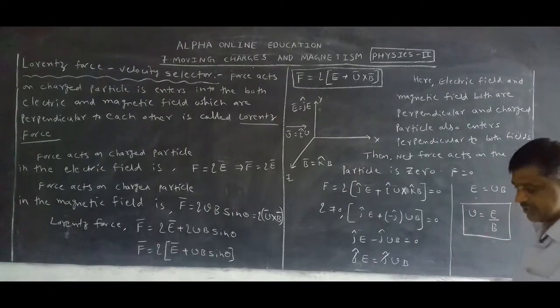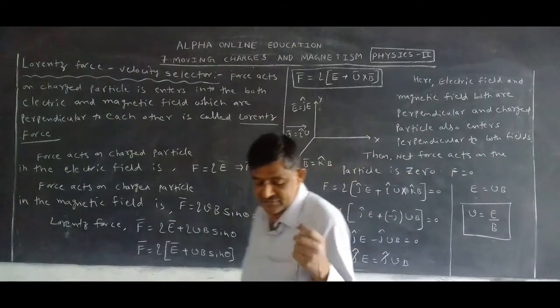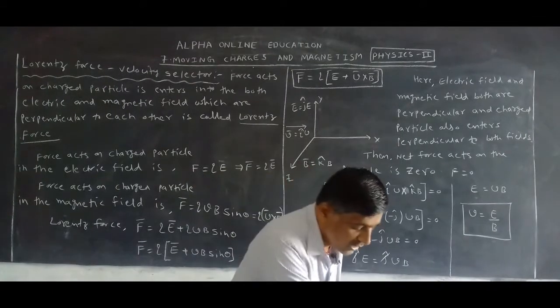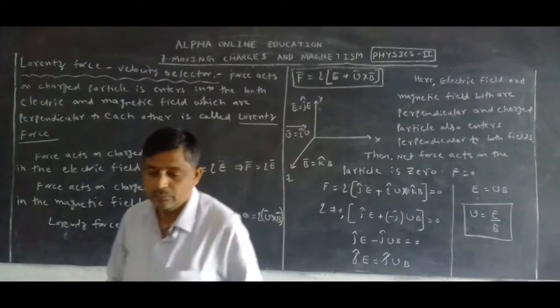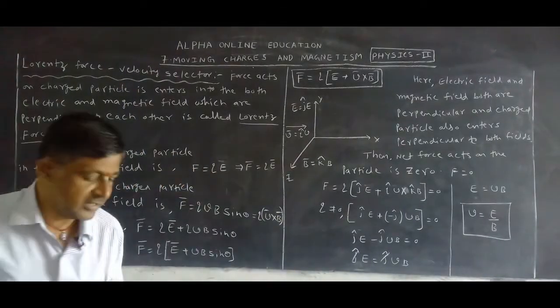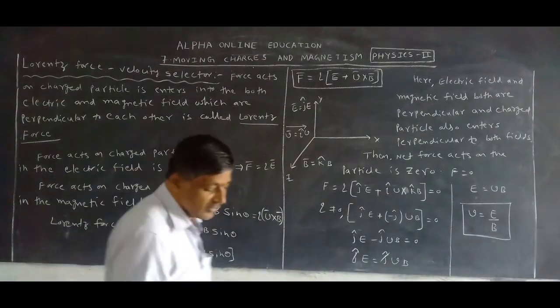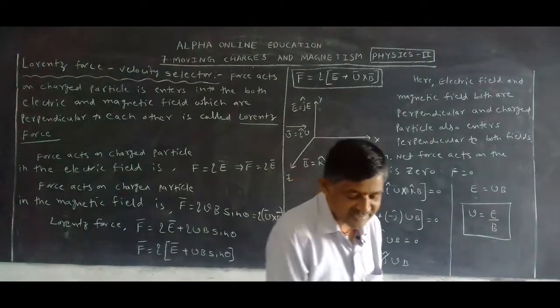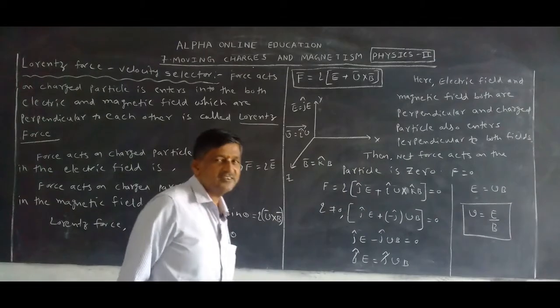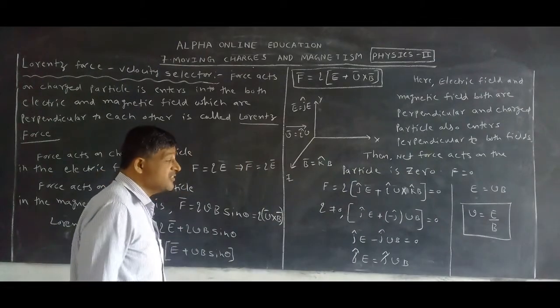Means when the charged particle enters the electric field and magnetic field, which are perpendicular to one another, the force is 0. Force is 0 means not accelerated, and not accelerated means the velocity is constant. What is the velocity equation here?